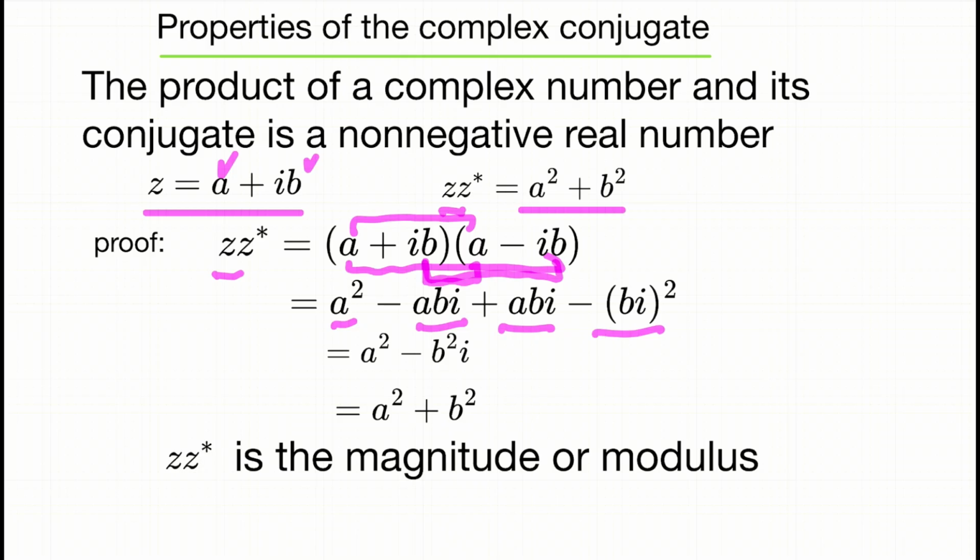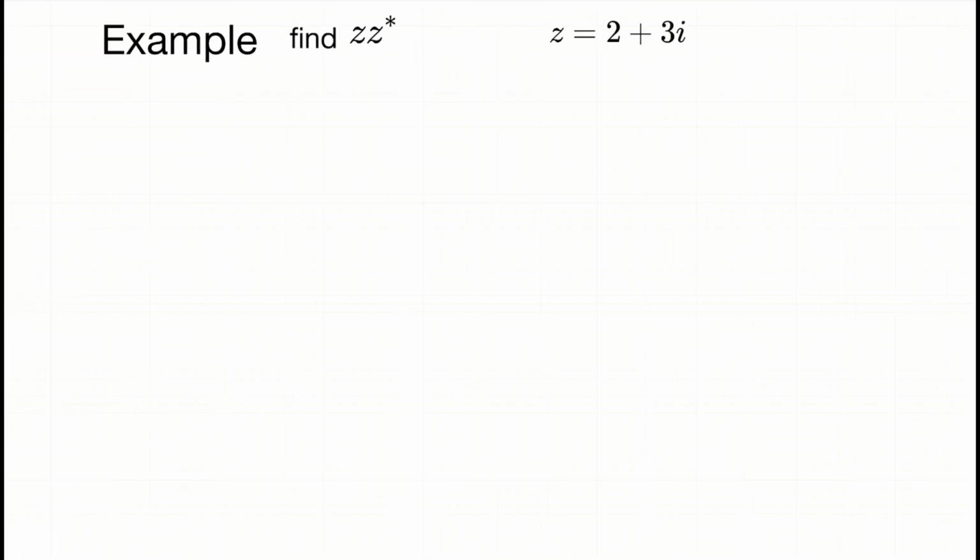Well, these two middle terms go away, so we're left with a squared minus b squared times i squared. And i squared is minus 1, so we're left with a squared plus b squared. And this, the complex number times its conjugate, is called the magnitude or the modulus of the complex number squared. Now let's do an example.